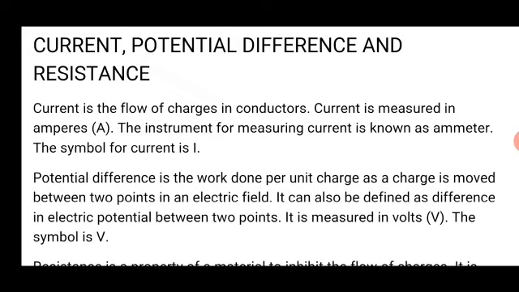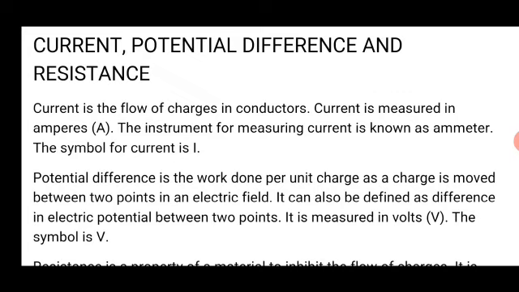So the total energy produced by the cell or battery is referred to as EMF, electromotive force. But between any 2 points in the circuit, there is what we call potential difference. The work done in moving a charge from one point to another.